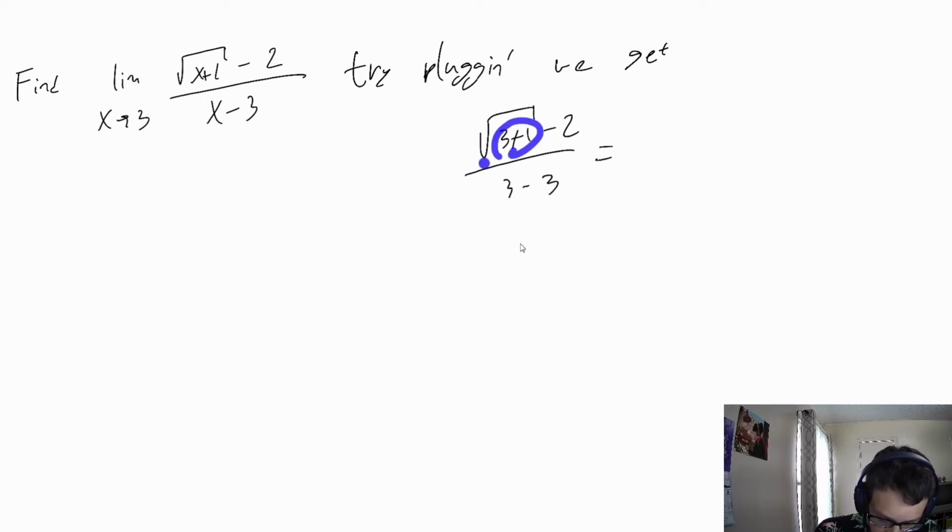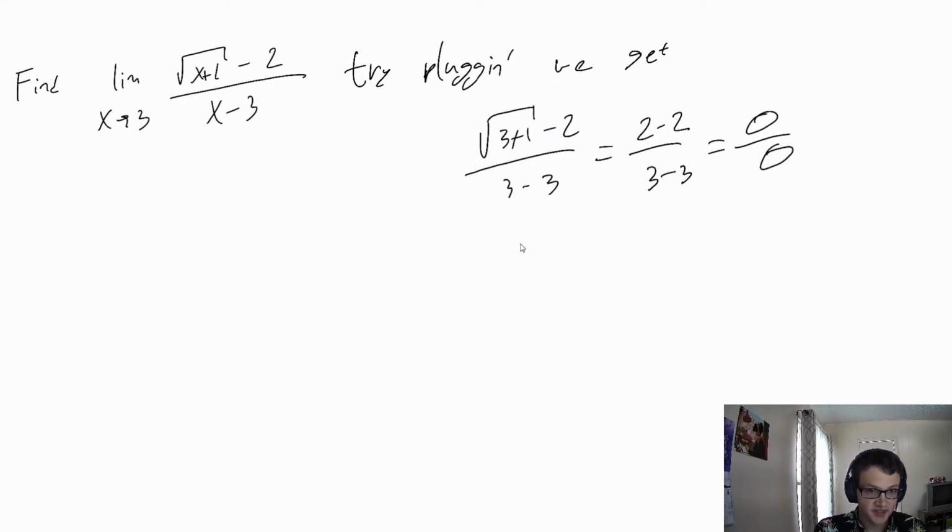This is 4, so the square root of 4 is 2. So this gives us 2 minus 2 over 3 minus 3, which is 0 over 0. And there are multiple ways we can go about it. I'm going to ignore the table method. I'm going to look solely at algebraic and L'Hopital's rule.